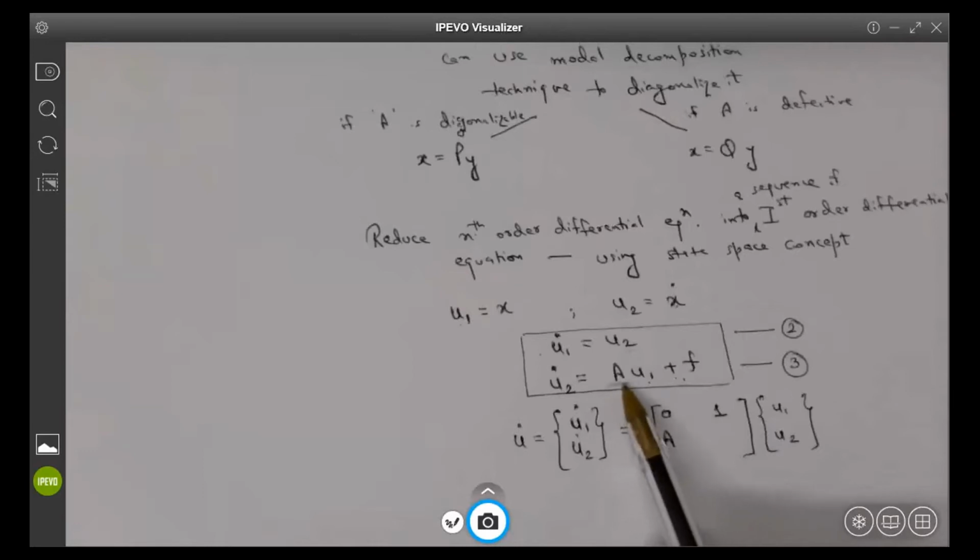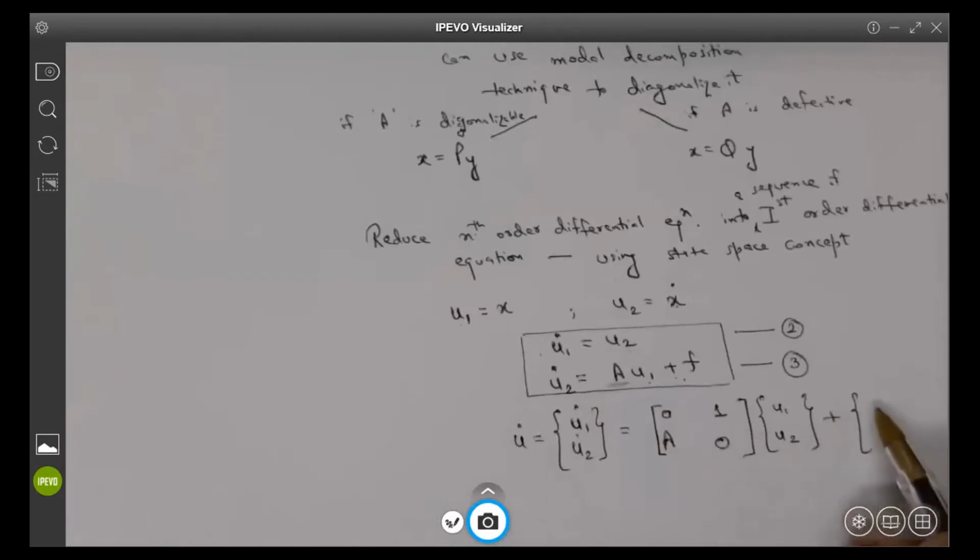If this is not a constant, then you need to expand this and the matrix will not look like this. At this point, I'm assuming this A is just one scalar number. So that will give me 0 plus 0 and f.